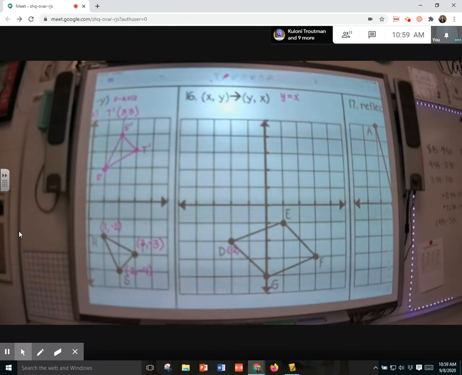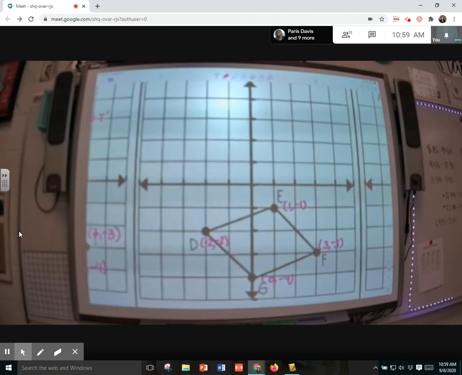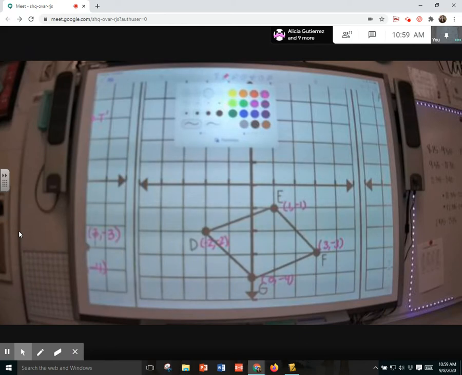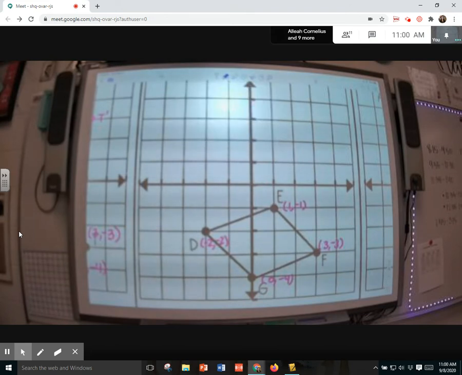E starts at 1, -1. F is at 3, -3. And G is at 0, -4. And I'm reflecting over that line right there.